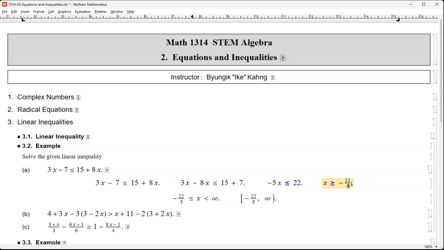This is perfectly fine if you're asked to solve it in inequality expression.